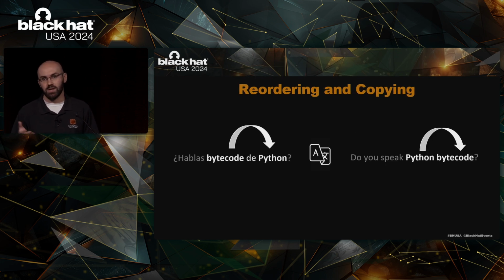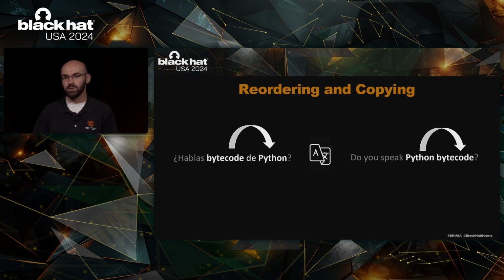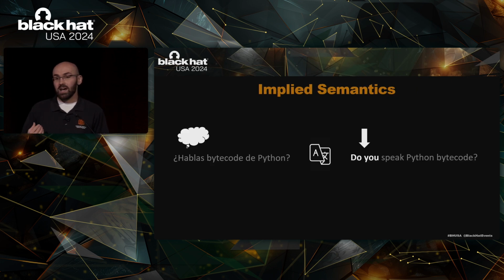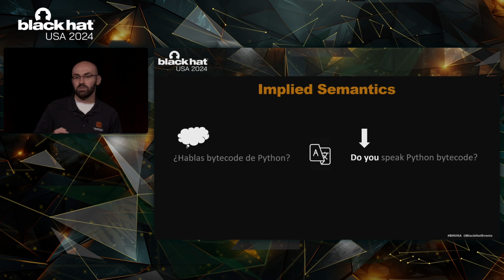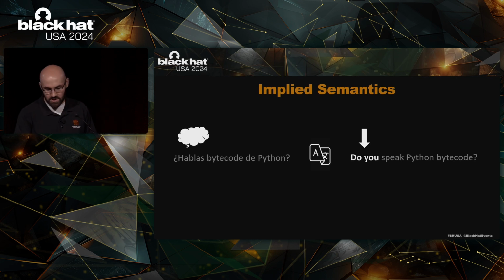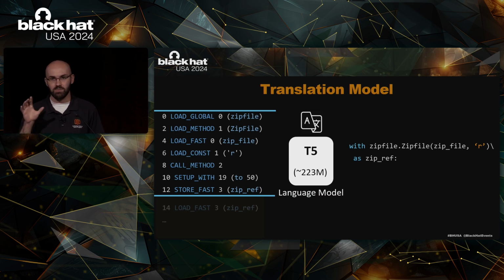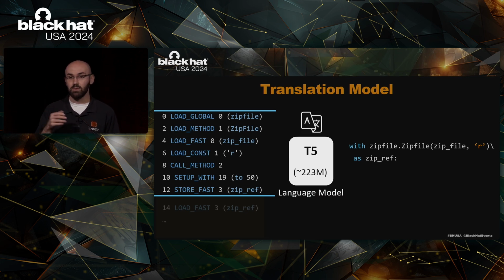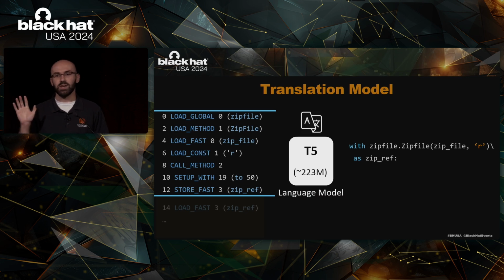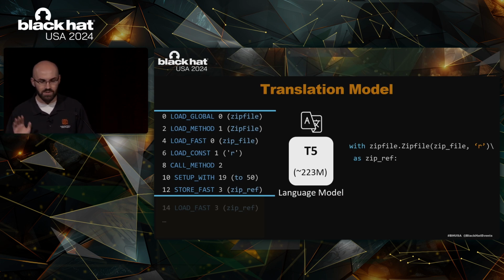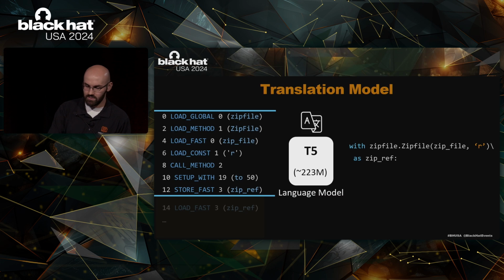Proper nouns, or in our case, strings, variable names, and so on, can be reordered, copied, moved around. And you can also have semantics that are implied purely from context. Taking advantage of these capabilities and using the bytecode, source code data set that we produced earlier, we can simply train a statement translation model out of the box to translate Python bytecode.